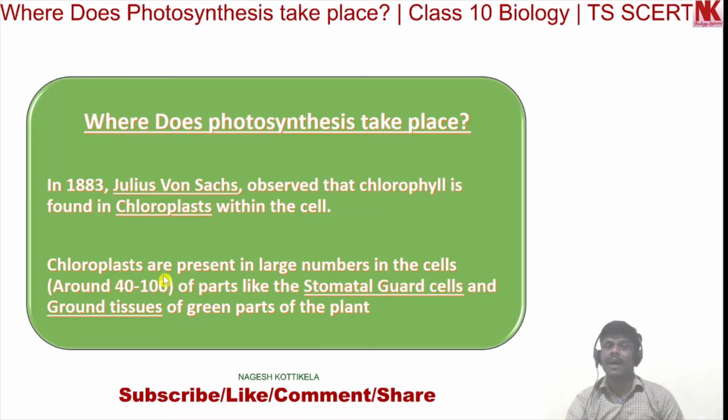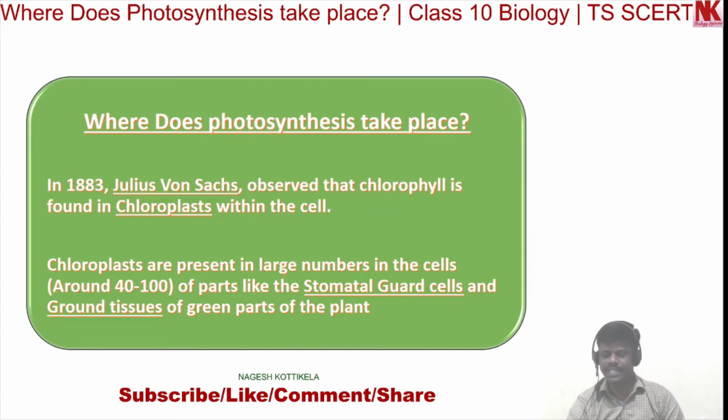Chloroplasts are present in large numbers in the cells of parts like the stomatal guard cells and ground tissues of green parts of the plant. Here, stomatal guard cells are the epidermal cells surrounding the stomatal pores, and the ground tissues are those tissues which are neither dermal tissues nor vascular tissues.